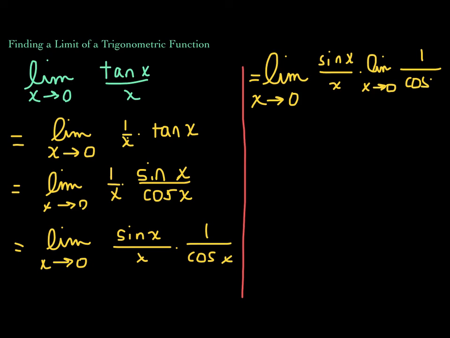Now, the limit of sine of x over x as x approaches 0, that was one of the rules we wrote down, and that is equal to 1.